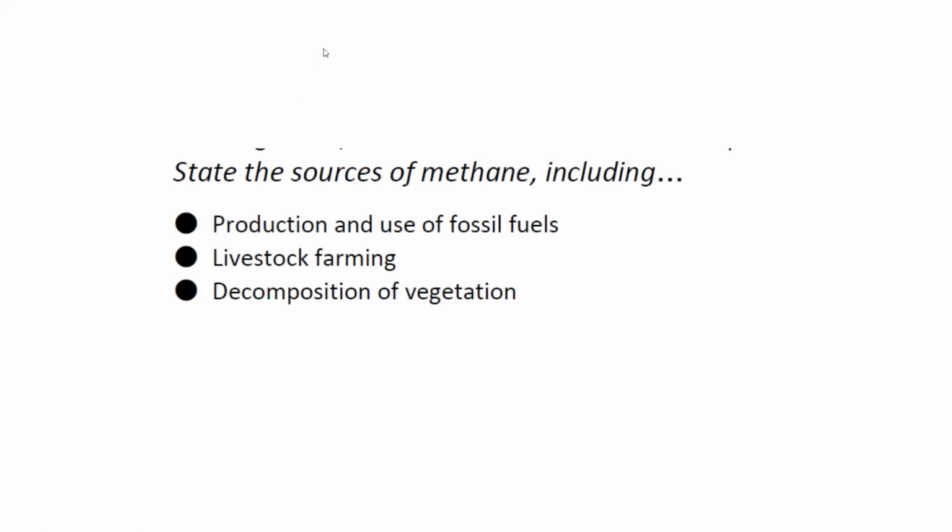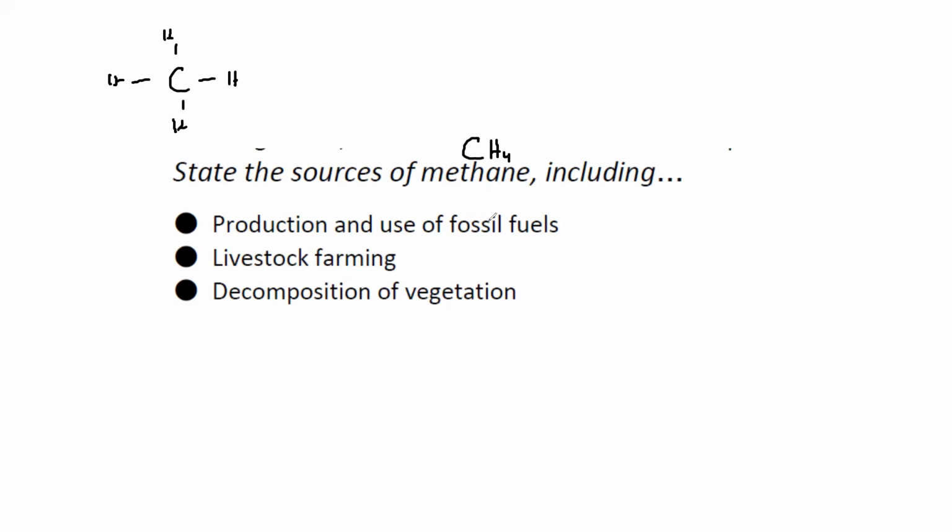Then the sources of methane. Methane means CH4. It's also a hydrocarbon which contains one carbon and four hydrogen. We call that methane. What are the sources of methane? Methane is also a greenhouse gas. It can also cause global warming. So how is it produced?